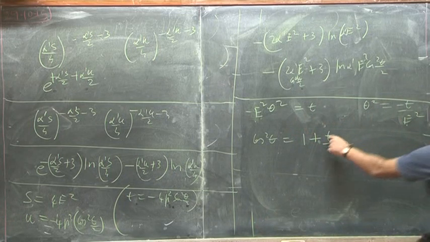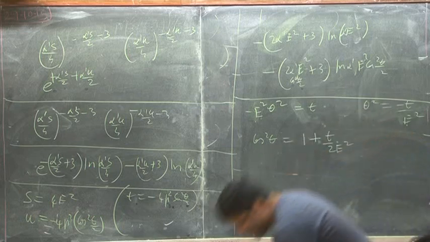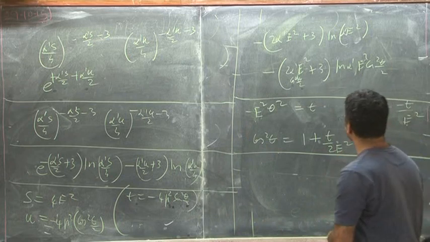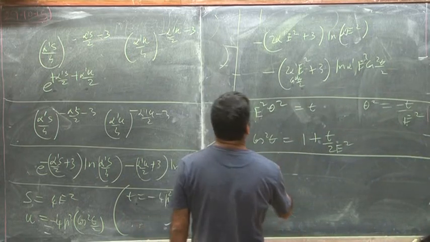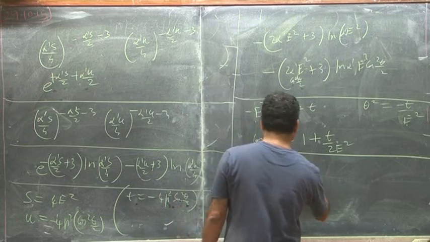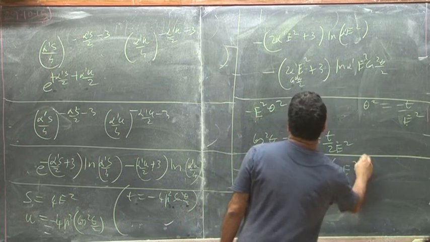Okay, t is negative. That's why it's 1 plus. Okay, so we'll just plug it in. Okay, so now we have minus 2 alpha prime e squared plus 3 into log of alpha prime e squared.